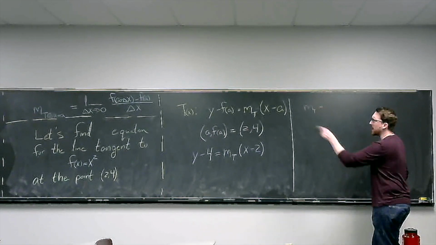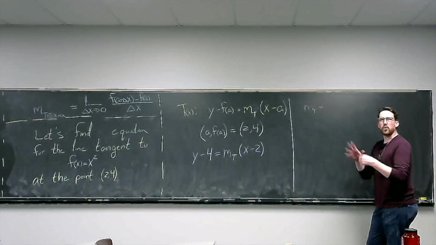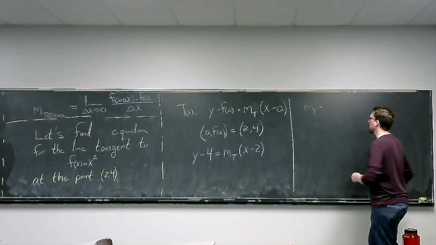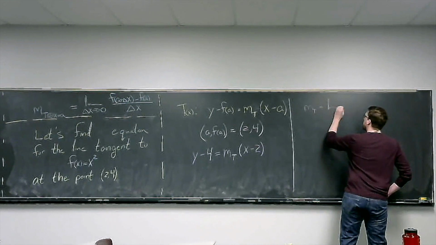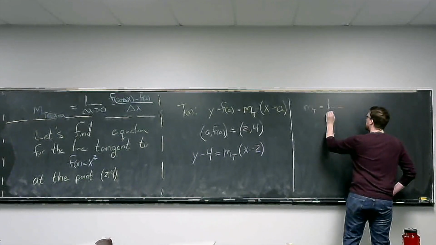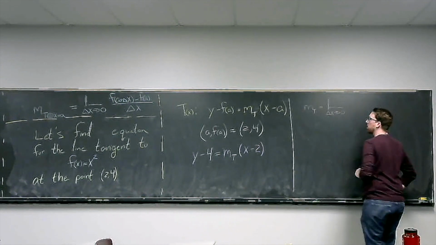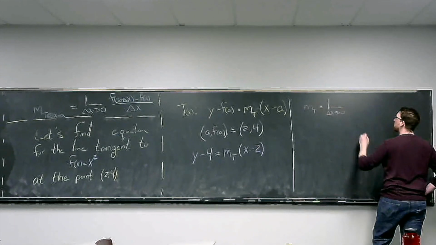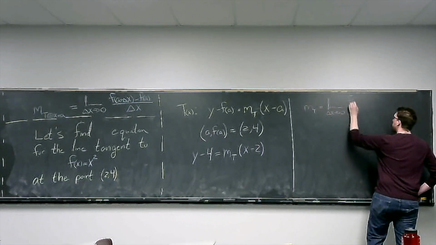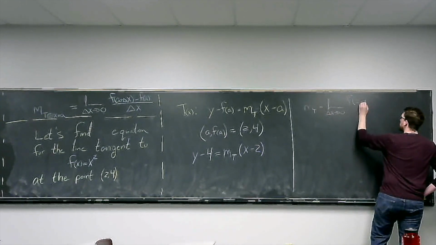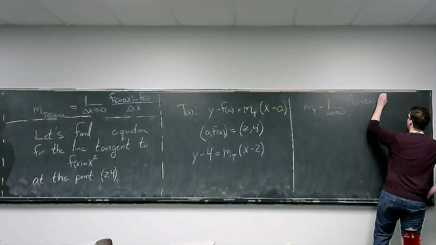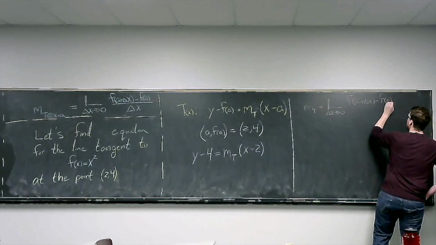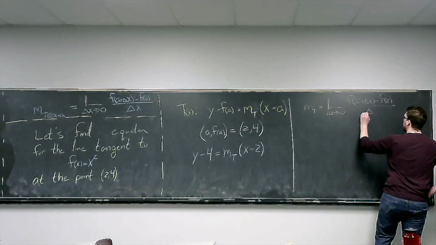So let's just write this out in that functional form and then kind of expand on it. So we've got the limit as delta x goes to 0 of f of 2 plus delta x minus f of 2, all divided by delta x.